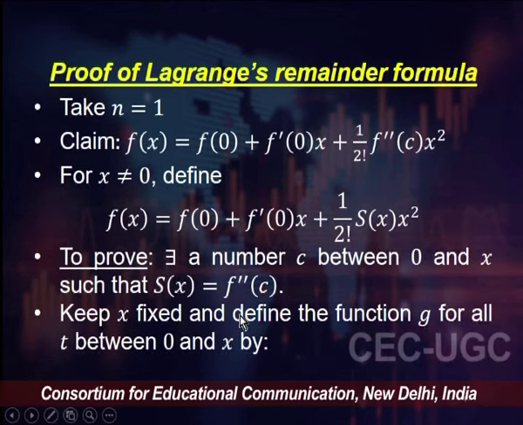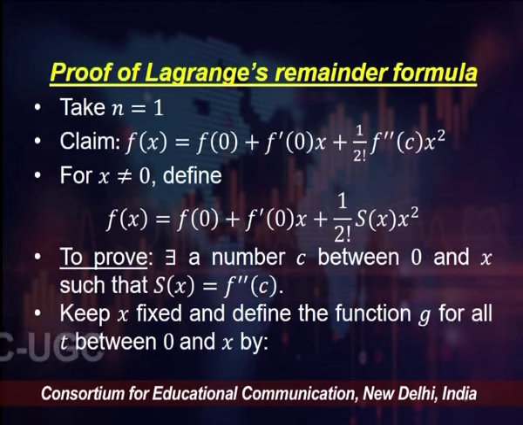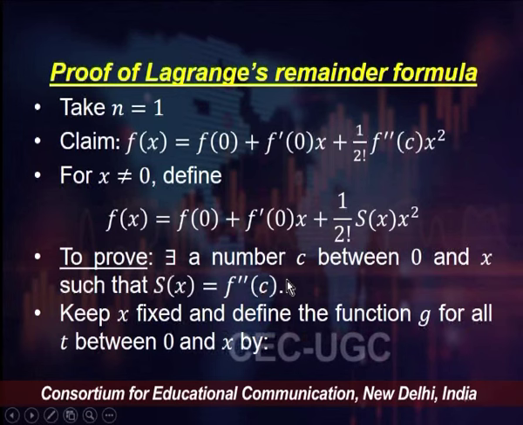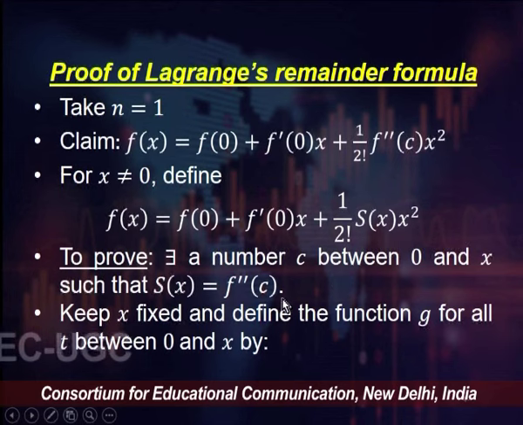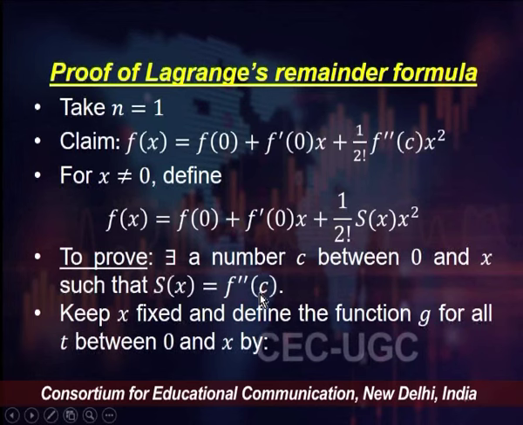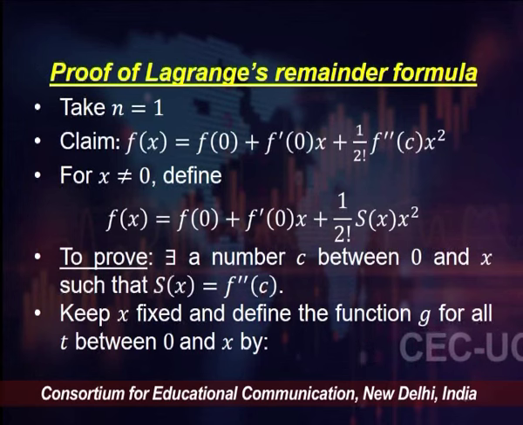What we want to prove is that there exists a number c between 0 and x such that s of x is nothing but f double prime at c. So, why do we take the second derivative at c? This is because s of x ends up being the second derivative evaluated at c for some number between 0 and x.